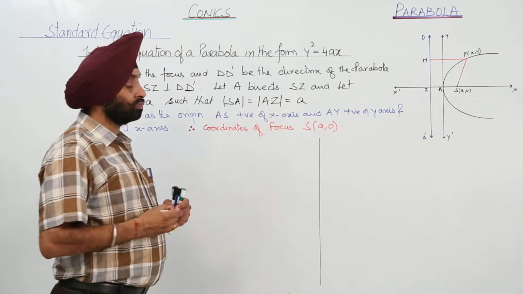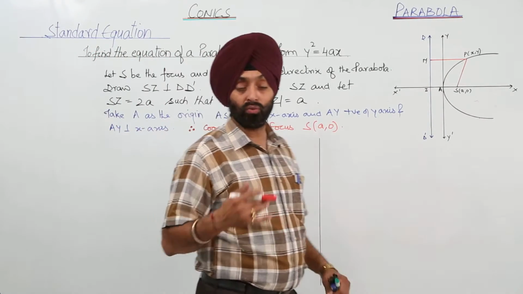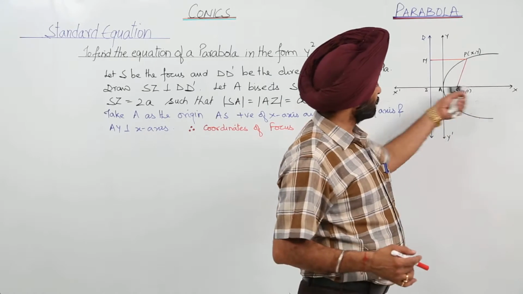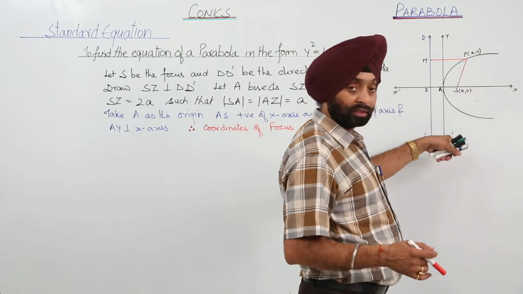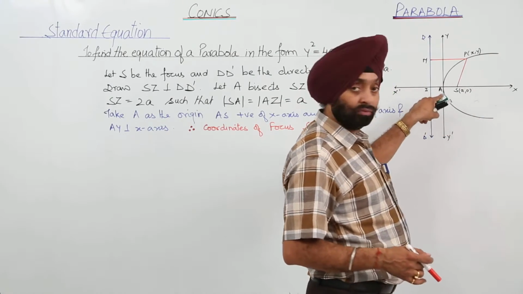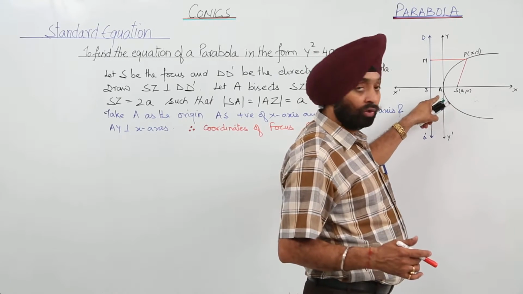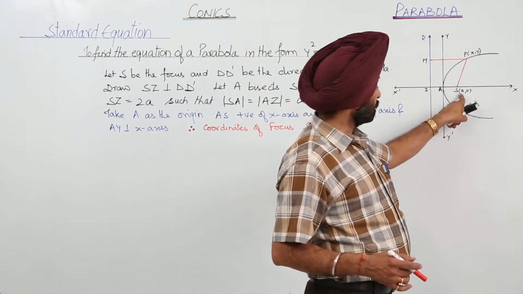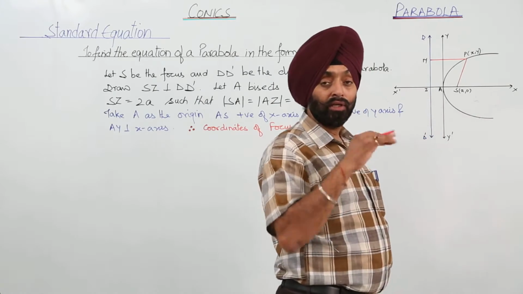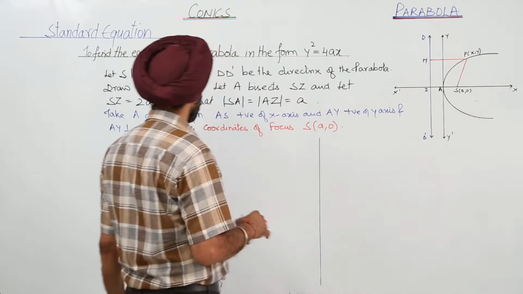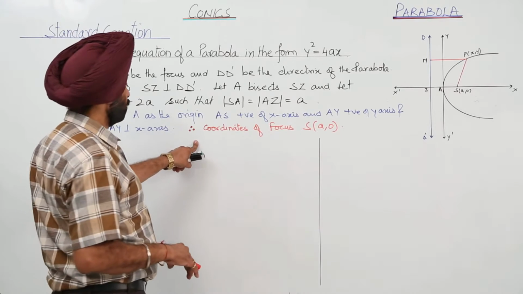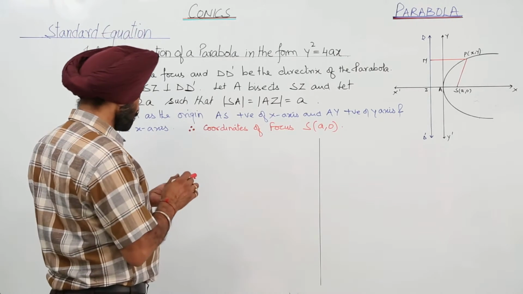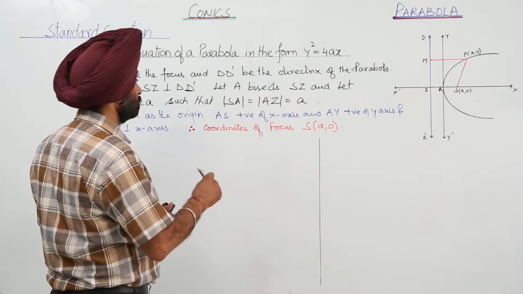This was necessary to explain once again that this is the x-axis, this is the y-axis, and the vertex, which is the origin, is the point A. When the vertex is A, then we can write the coordinates of S as a comma 0.